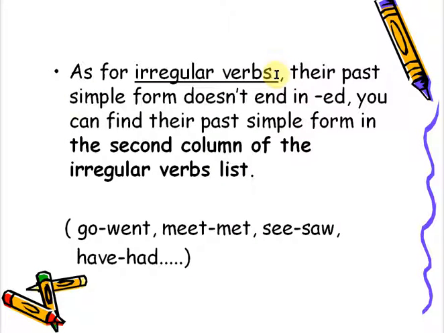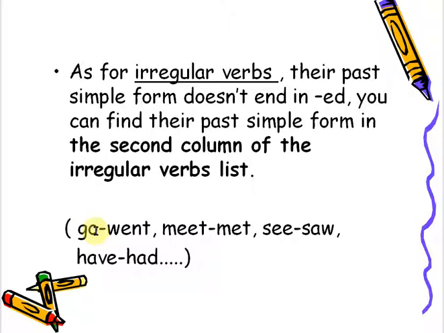As for irregular verbs, their past simple form doesn't end in ed. So you have to find their past simple form in the second column of the irregular verbs list. Examples of these verbs are go, meet, see, have. They're the most common ones, so I chose them for this presentation.